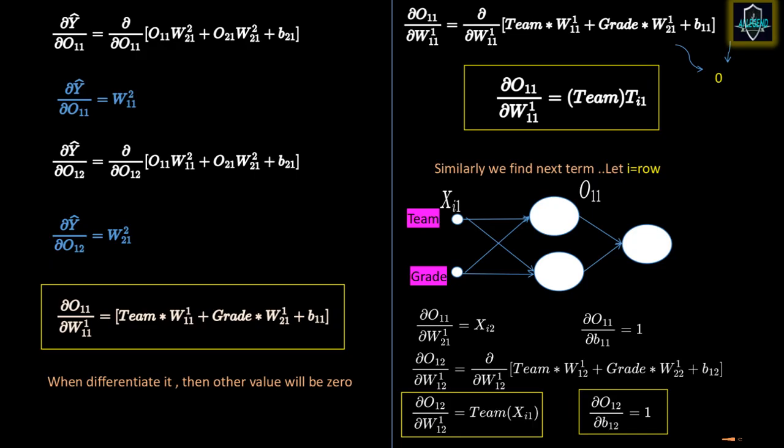Now after differentiating, the term where W112 is present will be differentiated and the rest will be 0. So del O12 over del W112 is equal to x1. And next, del O12 over del B12 is equal to 1.